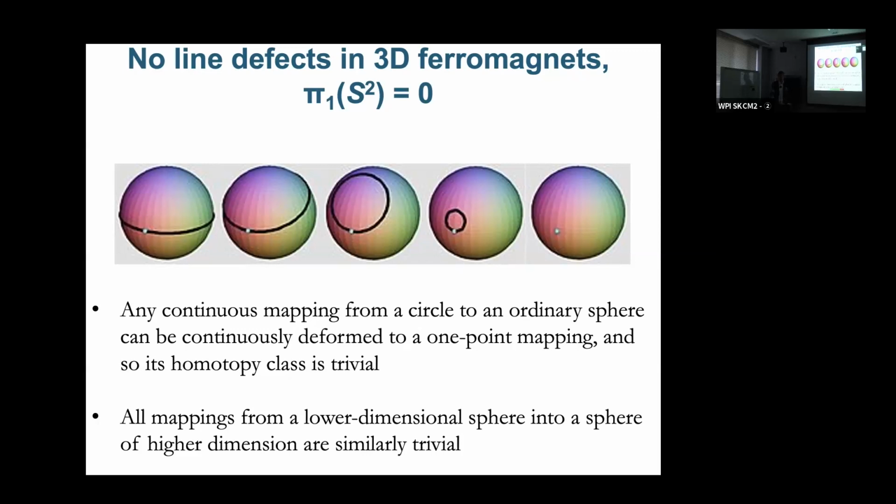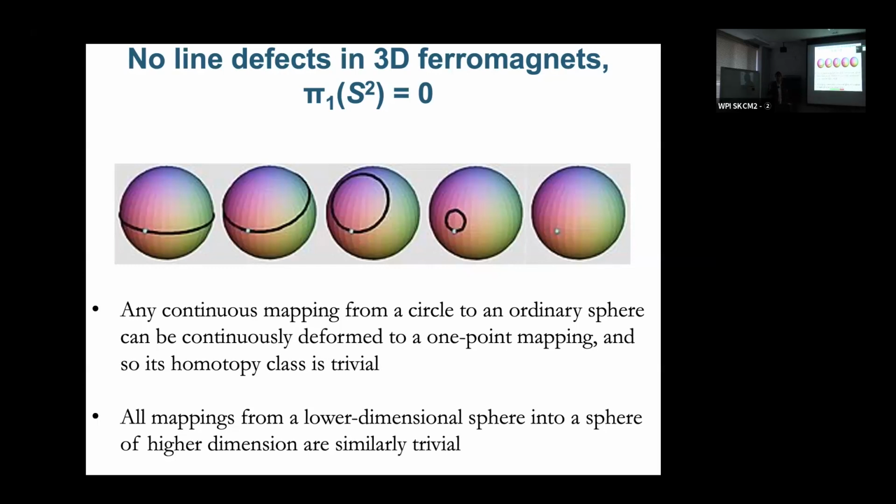And all the parameter space for 3D unit vectors is the S2 sphere. Right? So now, if you would do the mapping, you would realize that such defects are not possible actually, because all possible configurations from defects in a 2-dimensional cross-section would end up being some forms of circles that you see in here, and you can contract these circles to a single point, right?